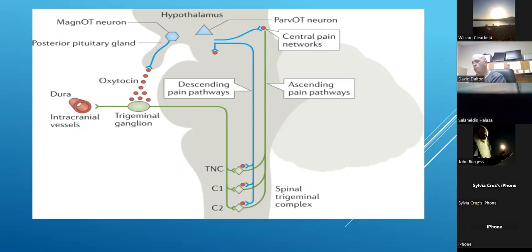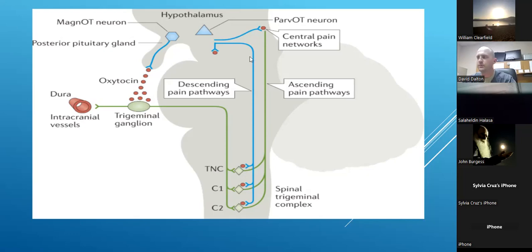It means that they are secreting those neurotransmitters: serotonin, norepinephrine, enkephalins, and also oxytocin. So there are oxytocinergic neurons, part of the descending analgesic pathway, which inhibit the pain signaling, stopping the pain from going into the brain and giving that analgesic function that you need to stop the pain.